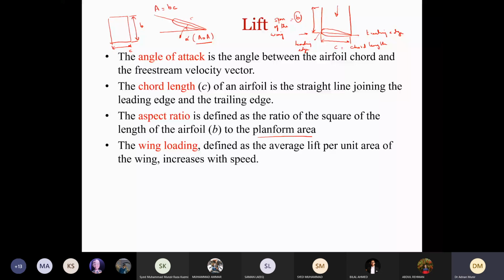And another thing that is important in this case is the aspect ratio, denoted by AR. Sorry, my mistake.